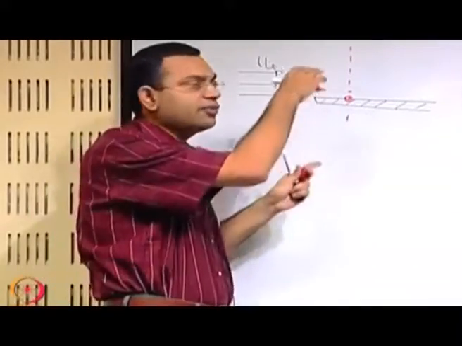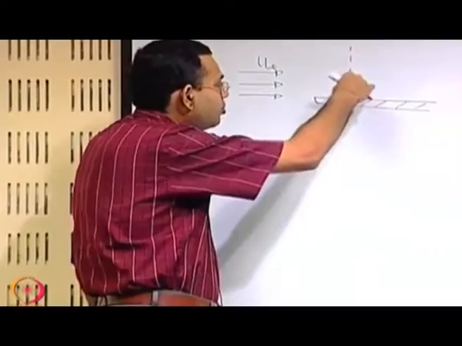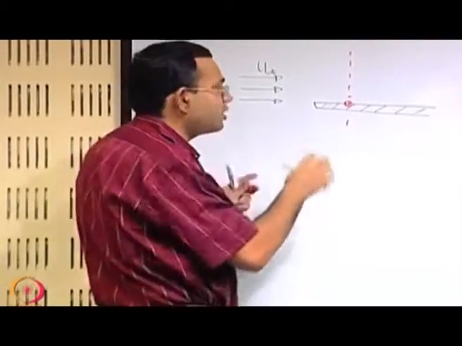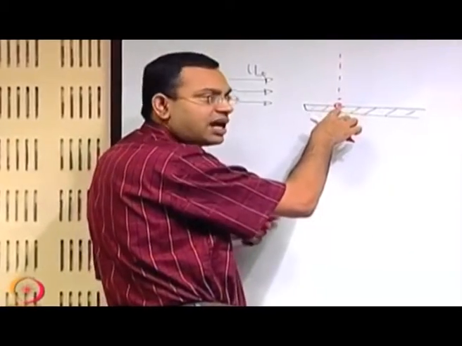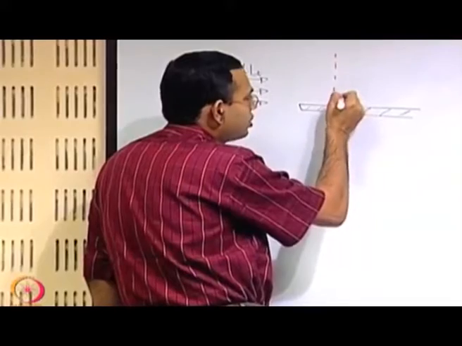On the top of it, it has a faster moving layer, and at the bottom of it, it has a slower moving layer. So the net effect is that it is slowed down, but not to the extent of a fluid element adhering to the wall. So it will have some sort of a velocity.